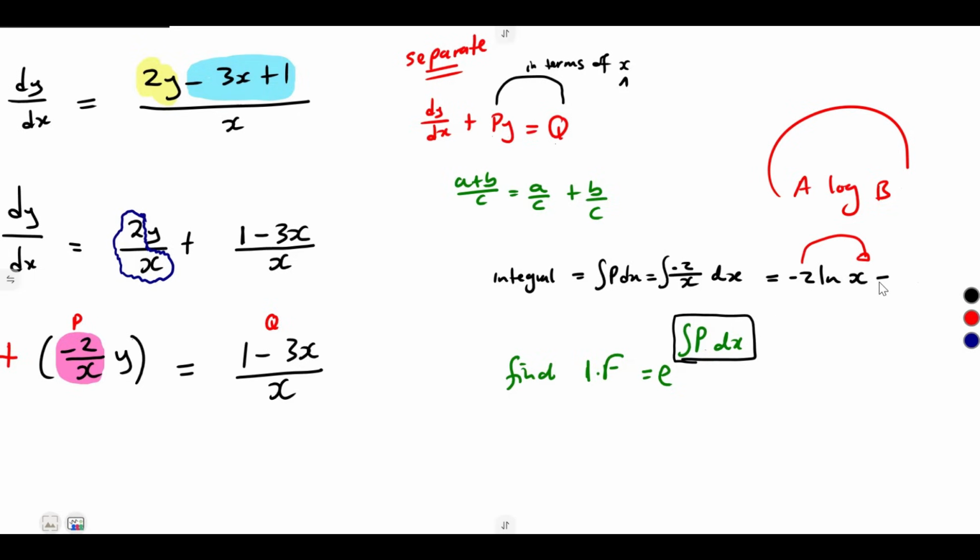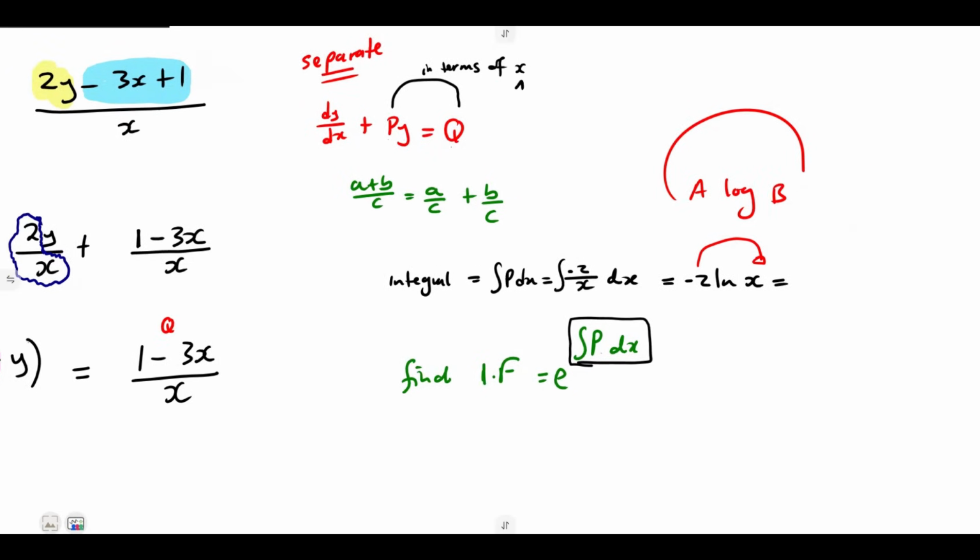So it can be written as the ln of x to the exponent of negative 2. Apply your laws of exponents, so that's 1 over x squared. So this is our integral of p, the p dx that we got there. This is the one that you are going to put here.